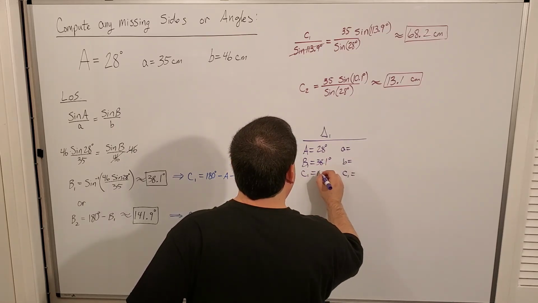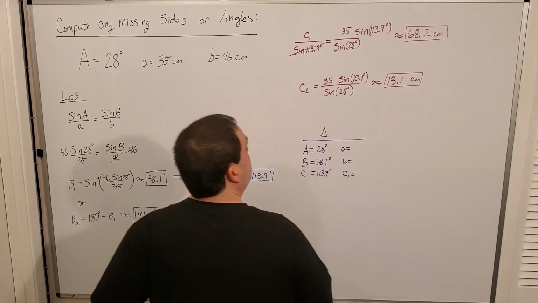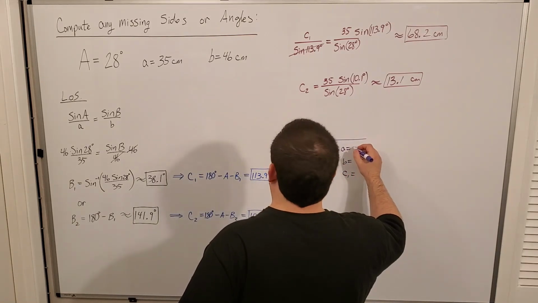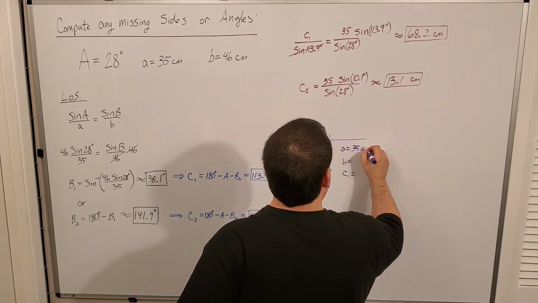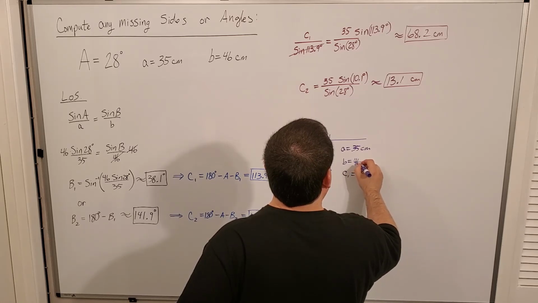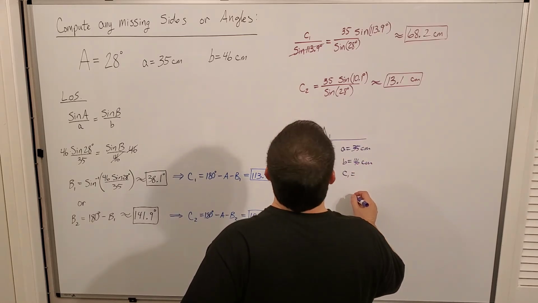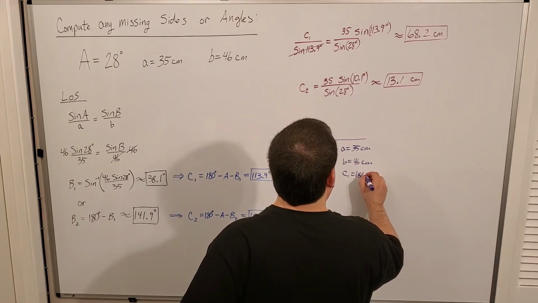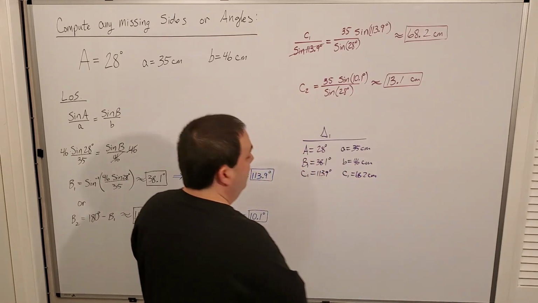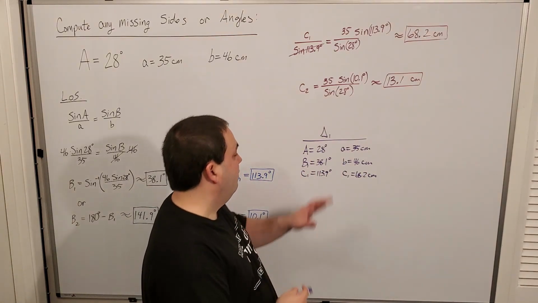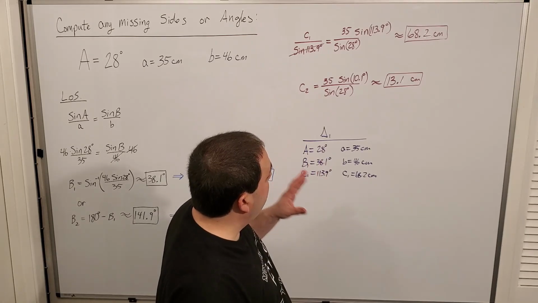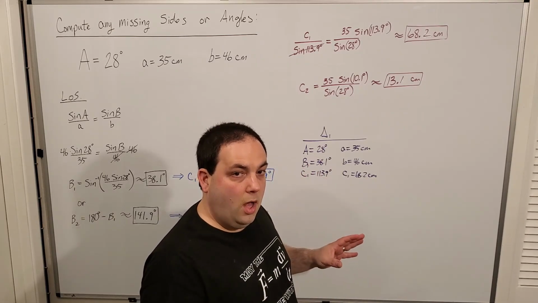Big C1 is 113.9 degrees. Okay, and of course 35 centimeters, 46 centimeters, and 68.2 centimeters.